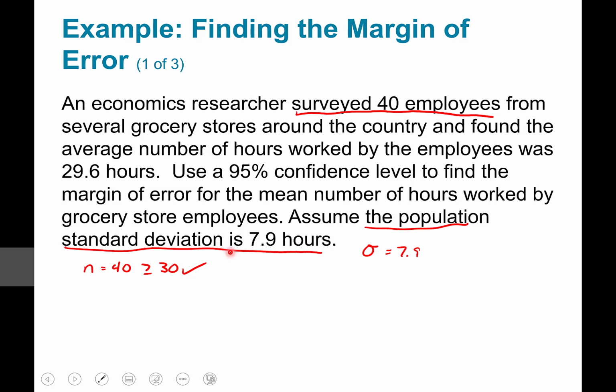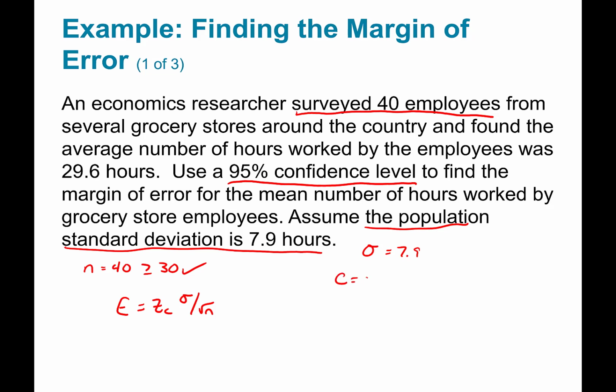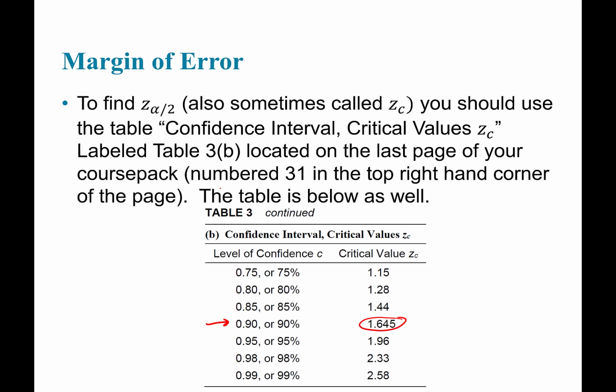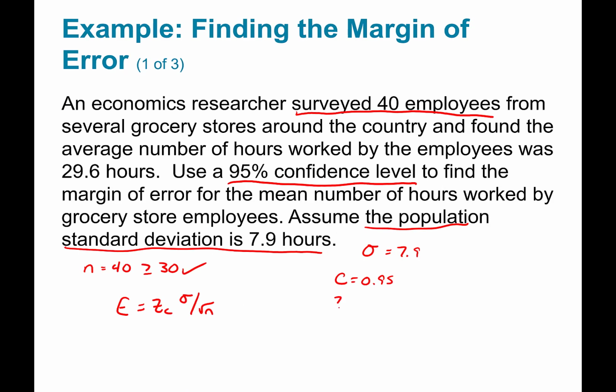So now we know we can use the formula. E is equal to zc times sigma over square root of n. To find this zc, we're using a 95% confidence level. So C is 0.95. So we just go back to that table. 0.95 is our level of confidence C. So our zc, our critical value of z, is 1.96.